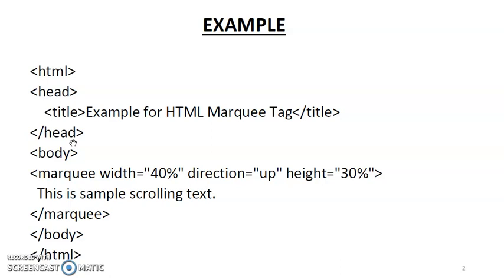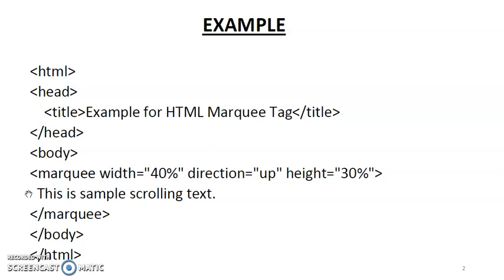In the body tag you mention the marquee width, then the direction of marquee, and then the height of marquee. In between the marquee tag you mention the text whatever you want to scroll. Then the body tag is closed and the HTML tag is closed.